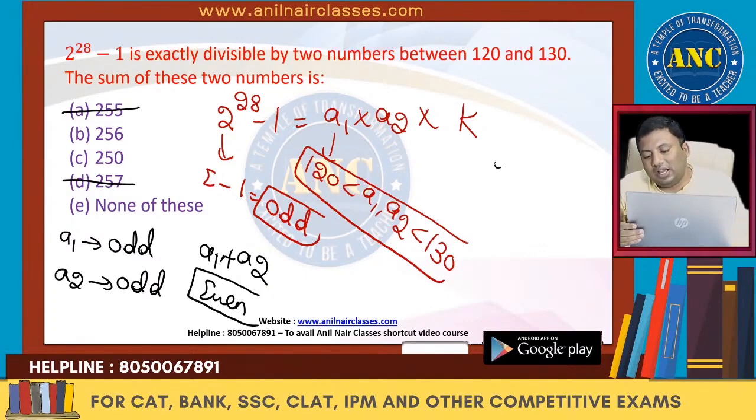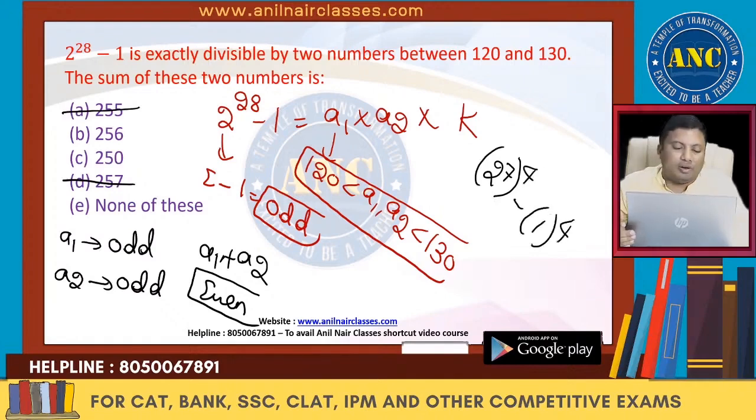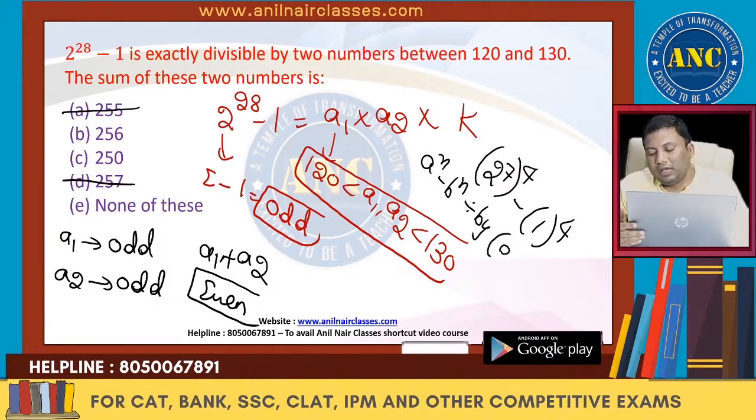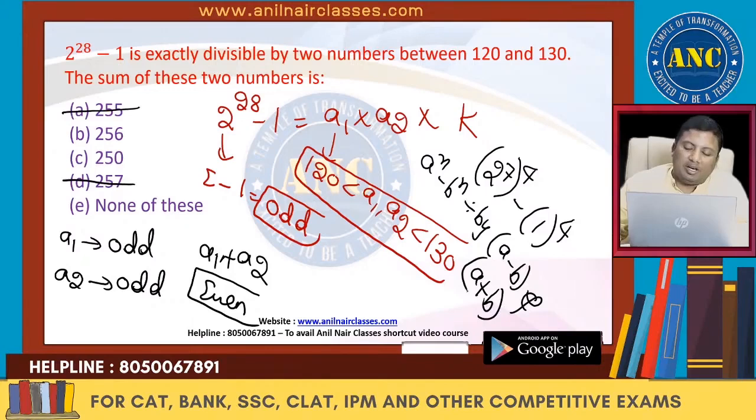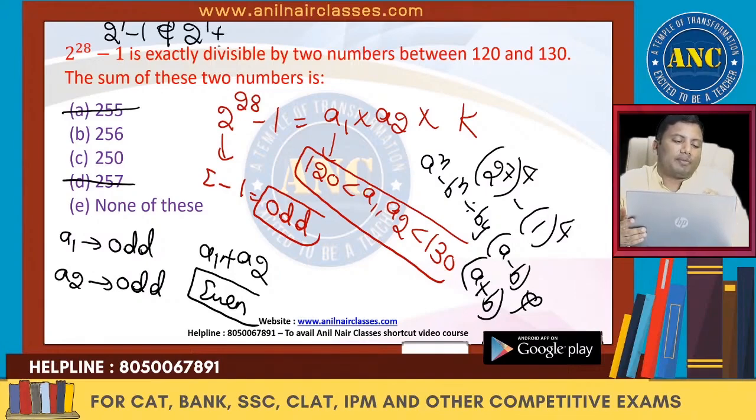2 power 28 minus 1 is nothing but 2 power 7 power 4 minus 1 power 4. A power n minus b power n is always divisible by a minus b and a plus b, as long as n is an even number.